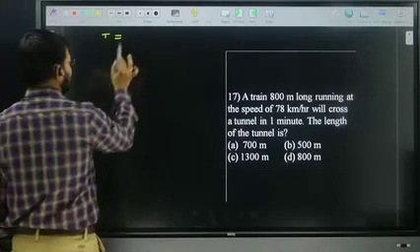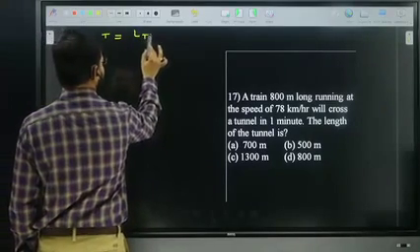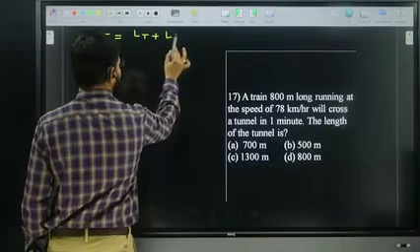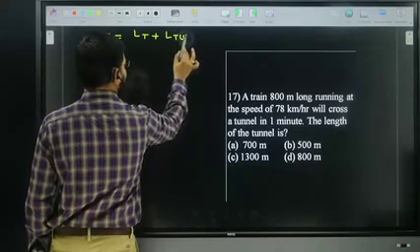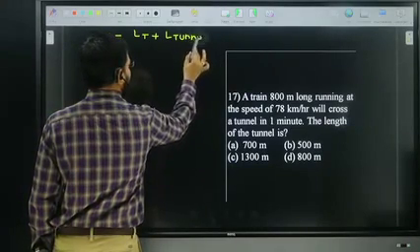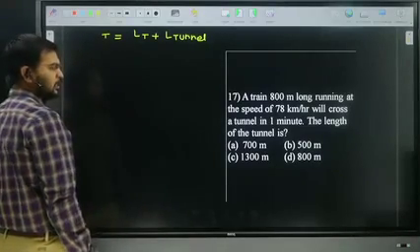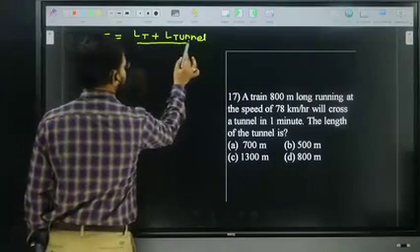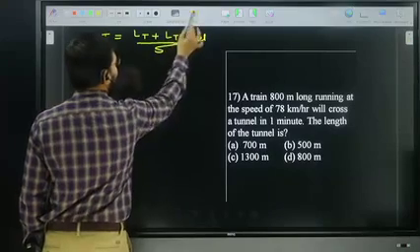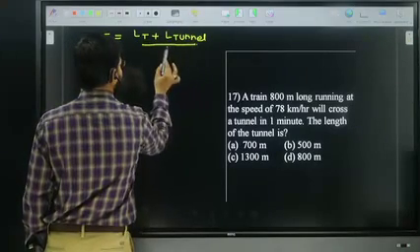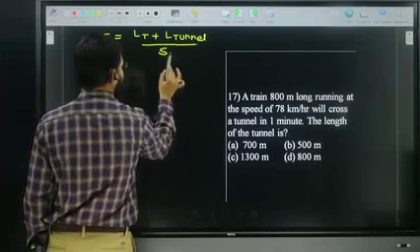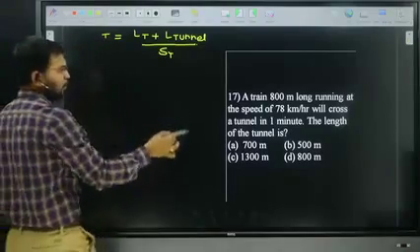Here distance is nothing but the length of the train plus the length of the tunnel. Whenever a train crosses a tunnel, distance is the length of the train plus the length of the tunnel, divided by the speed of the train. Distance by speed is nothing but time.